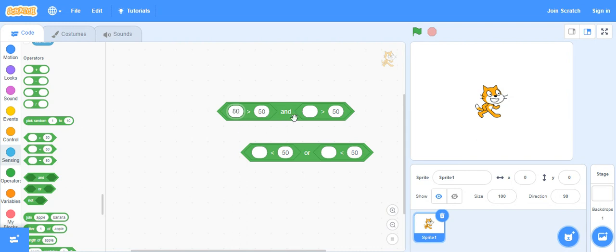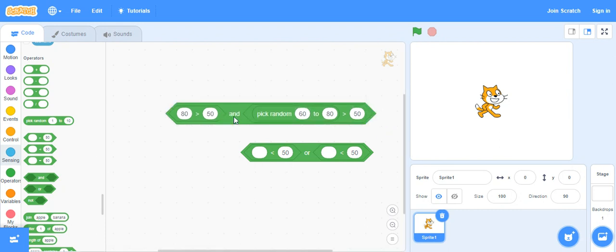So if we put 80, and for this we put pick random 1 to 10. So we want the greater number than 50. So we will use a range 60 to 80.